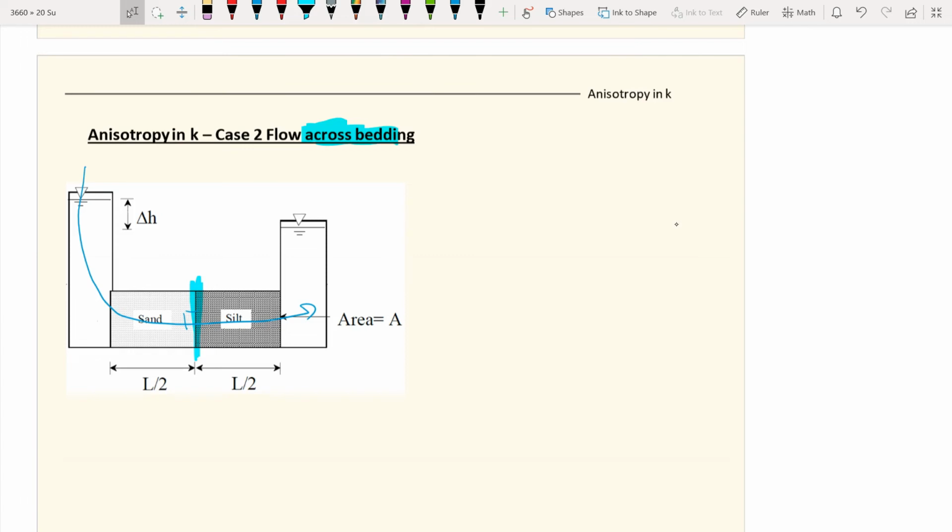Again, the main goal here is to find the equivalent hydraulic conductivity. Just like the previous slide, what we try to achieve is the equivalent hydraulic conductivity for the whole setup.